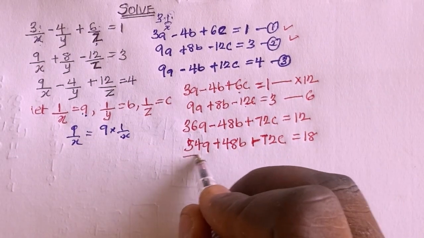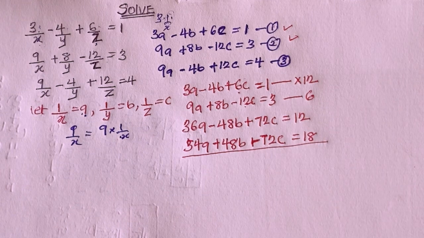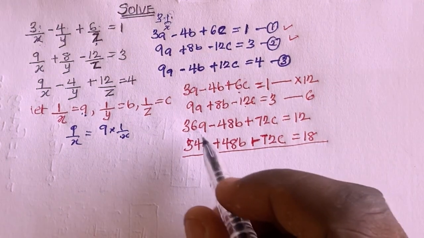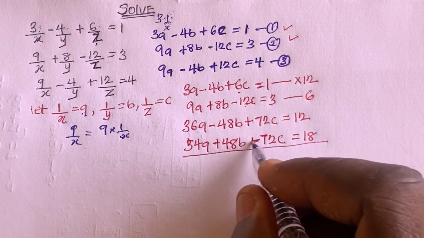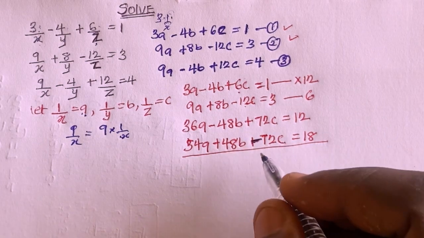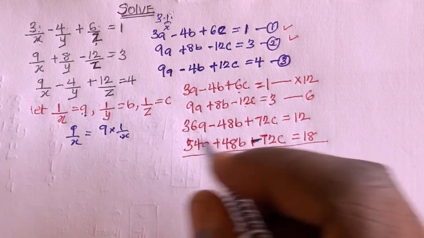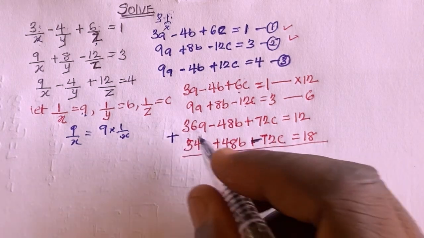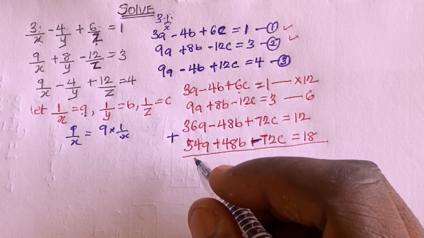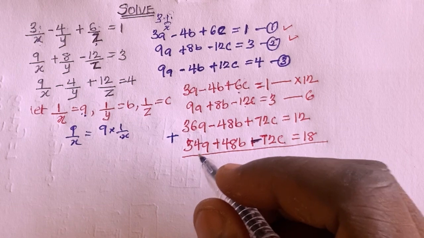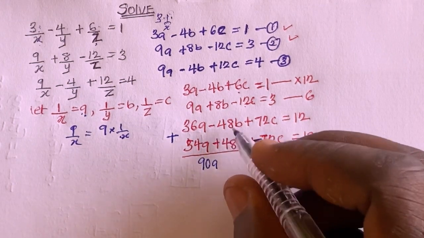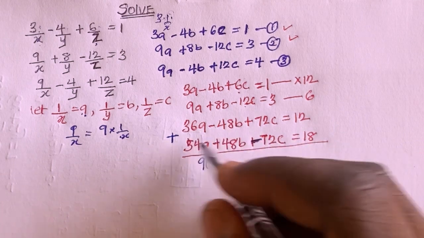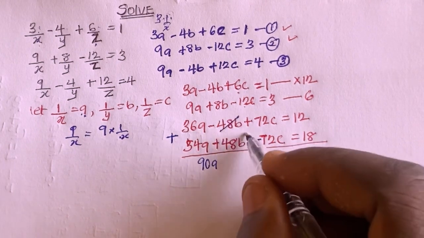So let's just check this side. I'm having minus here, not plus, so I can choose to add. If I add them, I'm going to have 36 plus 54, that's 90a. Then minus 48b plus 48b, this and this will cancel out.